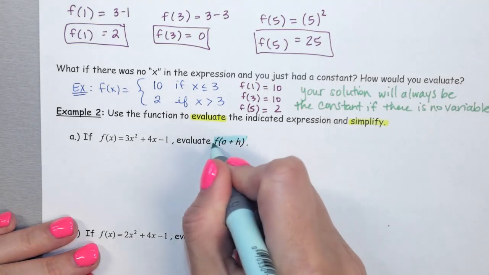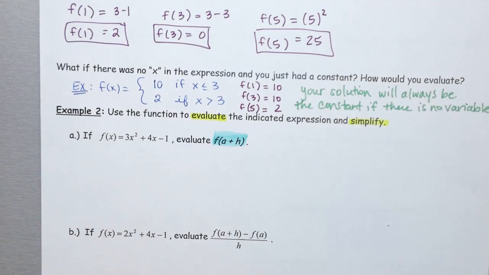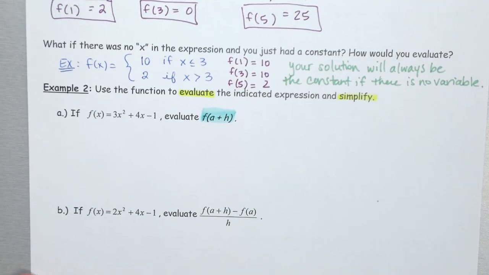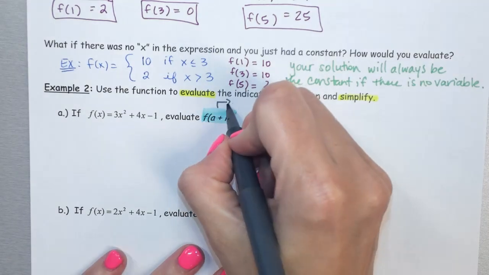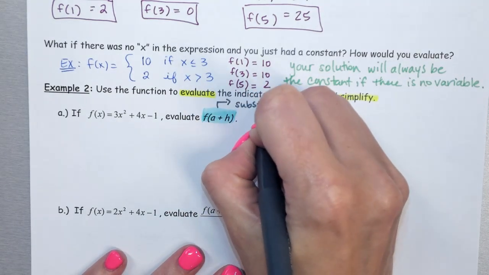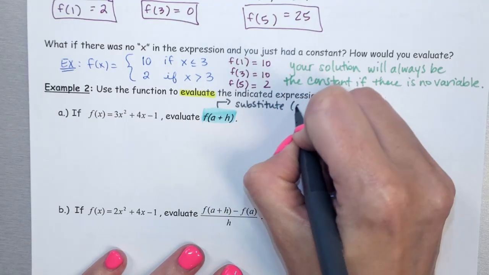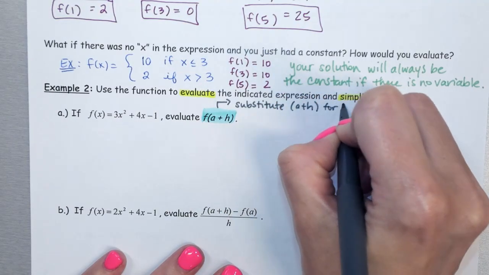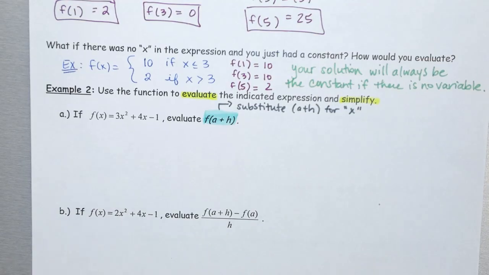So it's not a number. Before we had f of 1, f of 3. Now we have f of a plus h. All that means is we are going to substitute a plus h for the term of x.